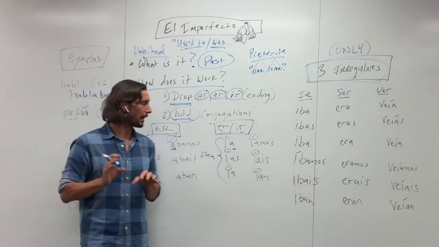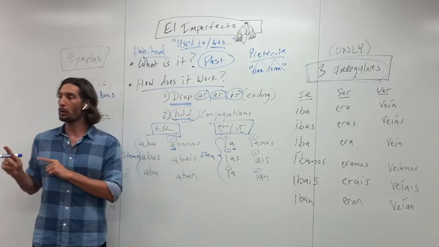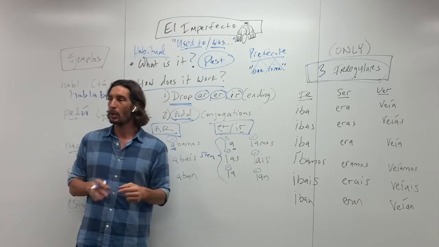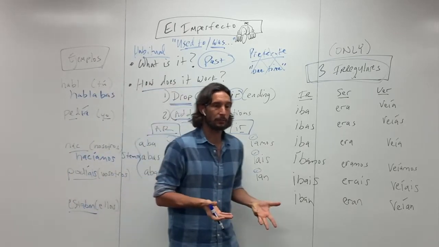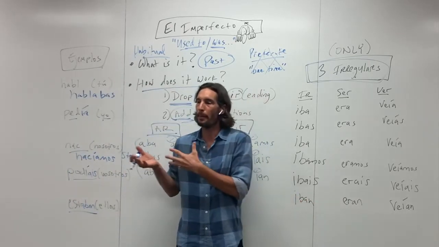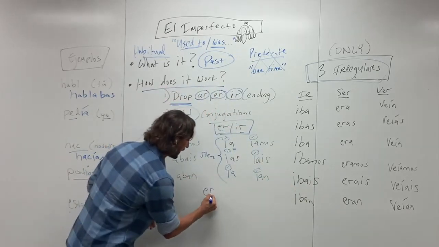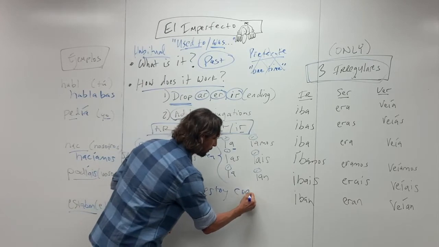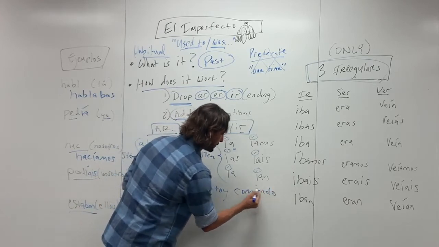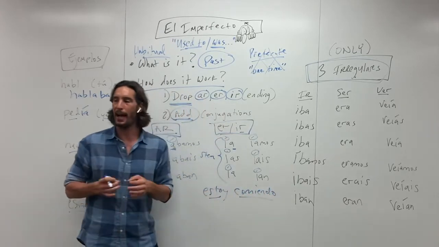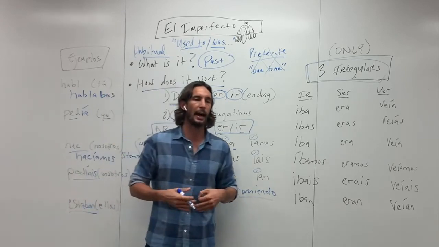That will make up one of the two components of the past progressive, which is just the present progressive, which you've already learned in the past. So instead of saying estoy comiendo, which is saying I am eating, you would say I was eating.